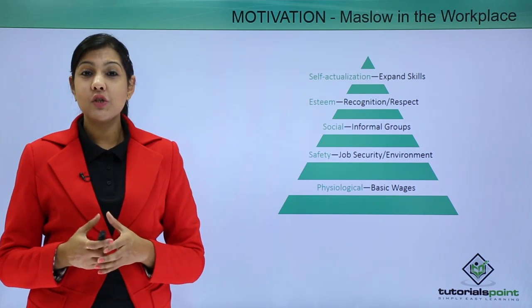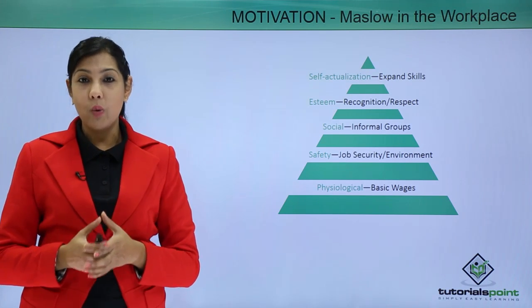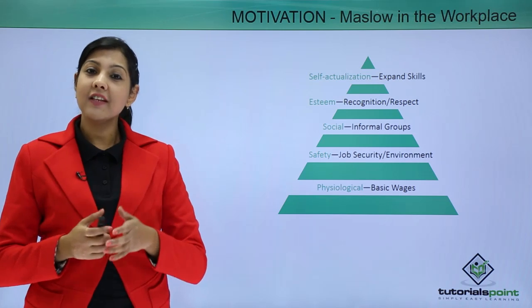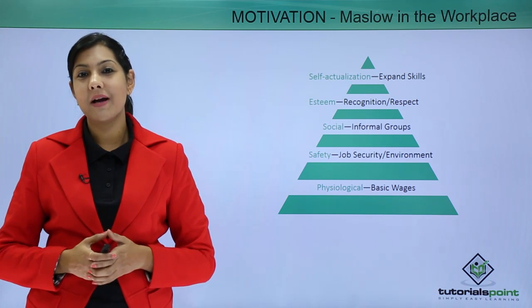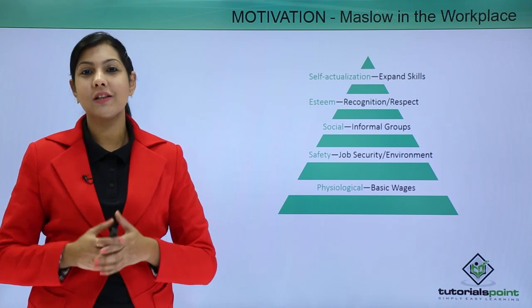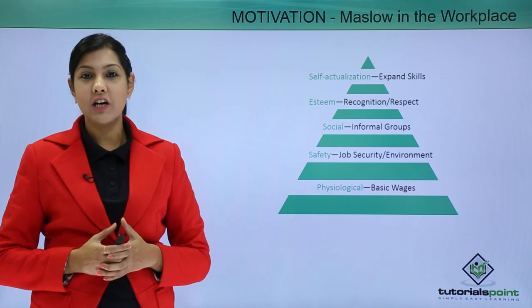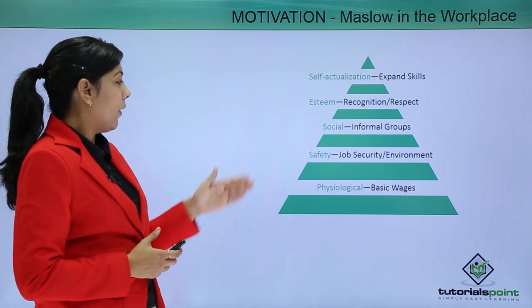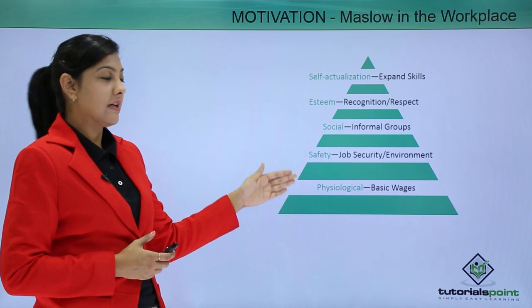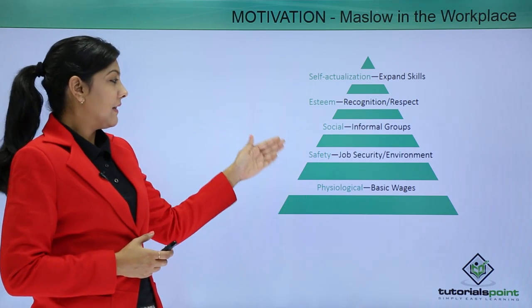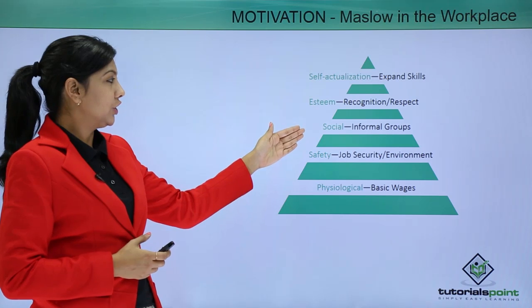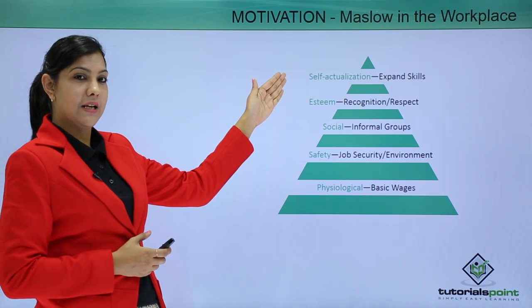Now, well, we are getting into one of the most important ways of motivating people, and this particular theory was formulated by Mr. Maslow, and it's called the Maslow theory of motivation. Let's understand how we work around this particular theory. Well, at the base of the pyramid is physiological need, then comes safety, social, esteem and self-actualization.